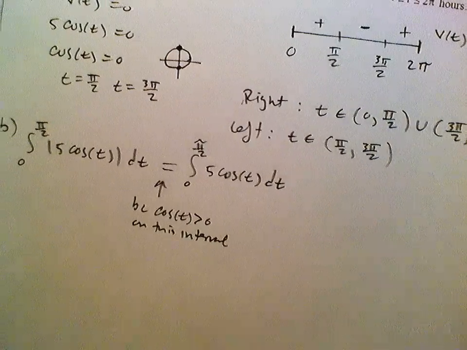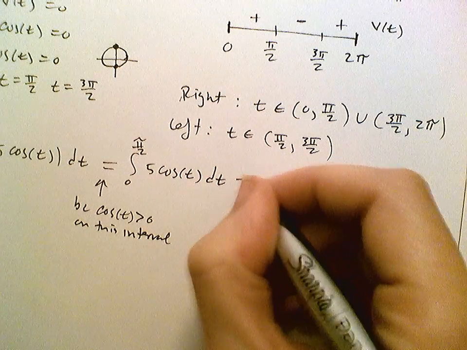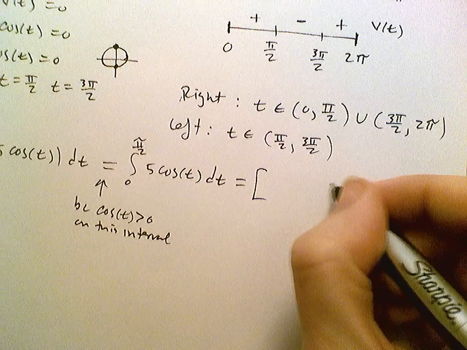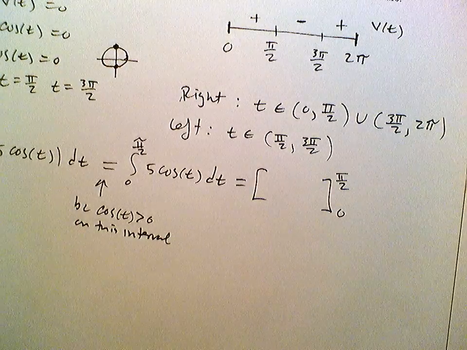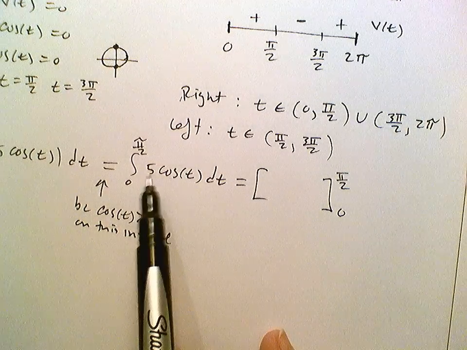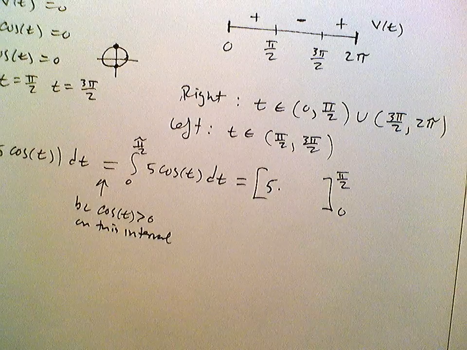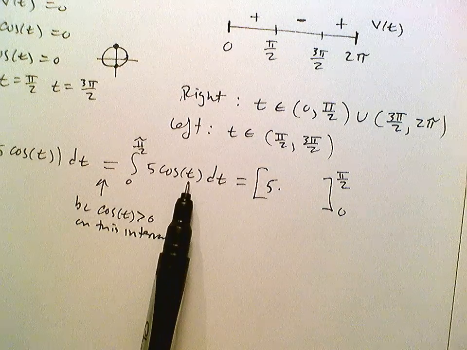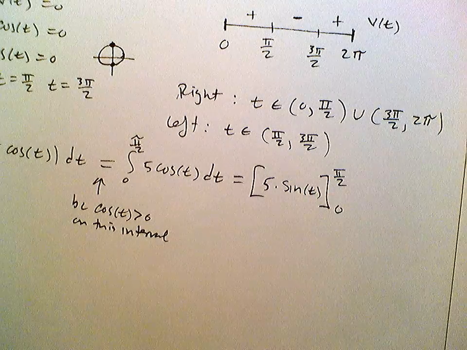So I could just drop those absolute value signs. Then I'm going to do the antiderivative and use the fundamental theorem of calculus, because they don't want us to use our calculator. So by the constant multiple rule, I'll take the constant multiple, which is 5, and write it in there.